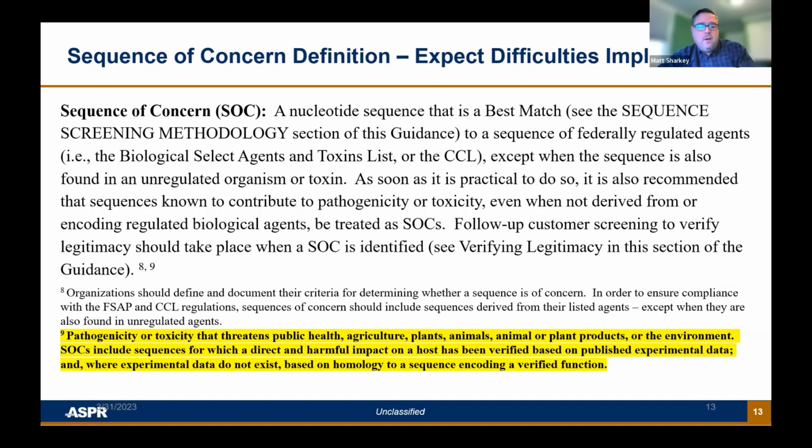We think that users are best positioned to know if their sequences are sequences of concern. I mean, as a former laboratory scientist, I knew whether I was working with a viral envelope protein or a bacterial antibiotic resistance gene. That should be clear to any scientist who's placing these orders.